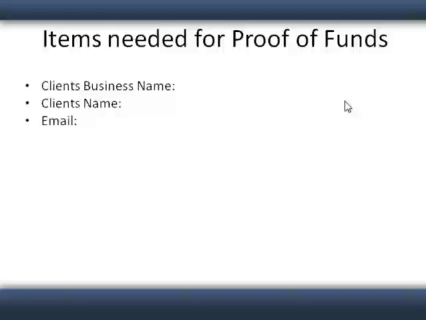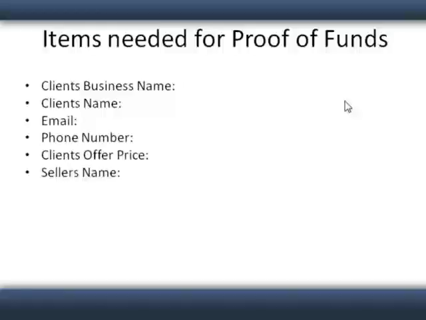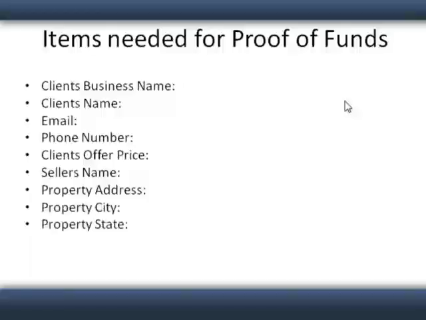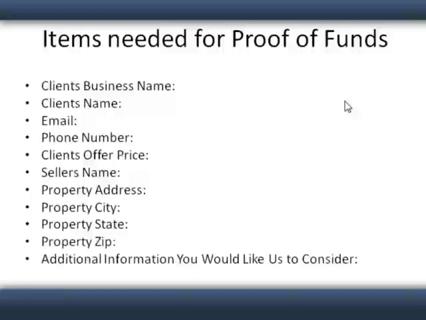Now, this could be the client, this could be yours, but the email address that you want the proof of funds sent to. The phone number, the client's offer price, the seller's name, the property address, the property city, the property state, property zip, and additional information you would like us to consider.